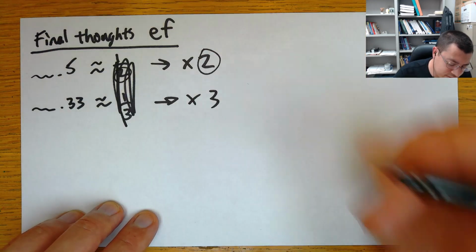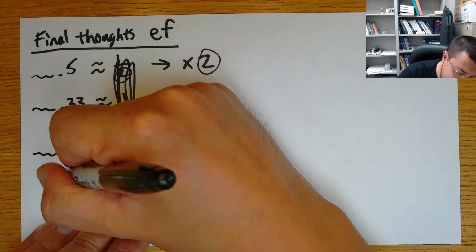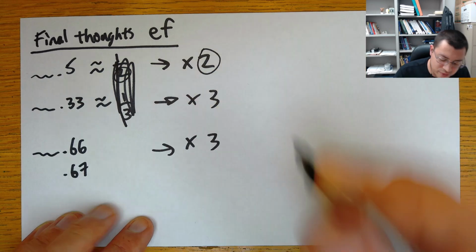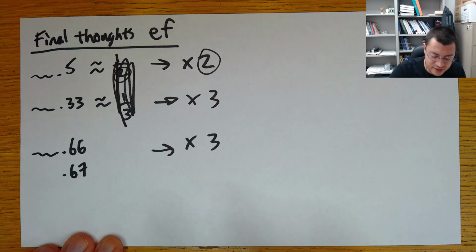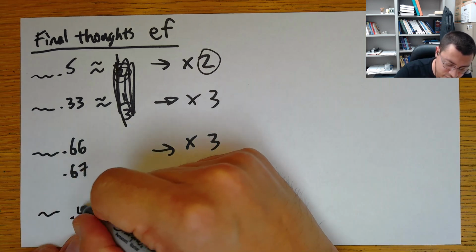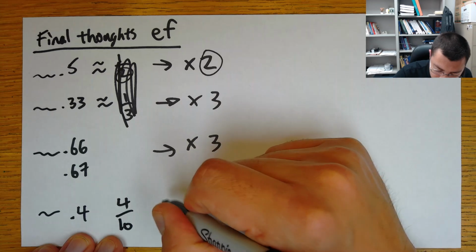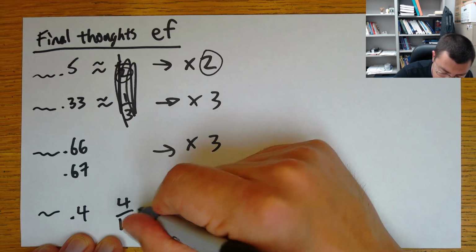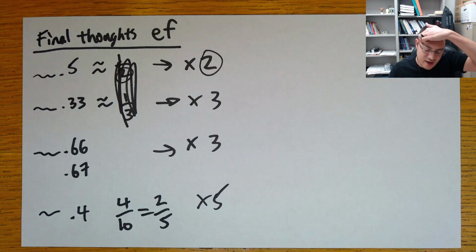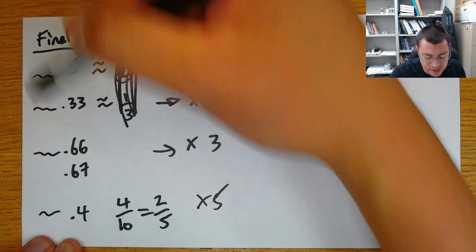If it's like a 0.33, get multiplied by 3. If it's like 0.66 or 0.67, you're going to have to multiply by 3 again. You know, 0.4, that's like 4/10, which is the same as 2/5. So it looks like you'd have to multiply by 5 there. So if you want a fractional approach, this is another way to think about it.